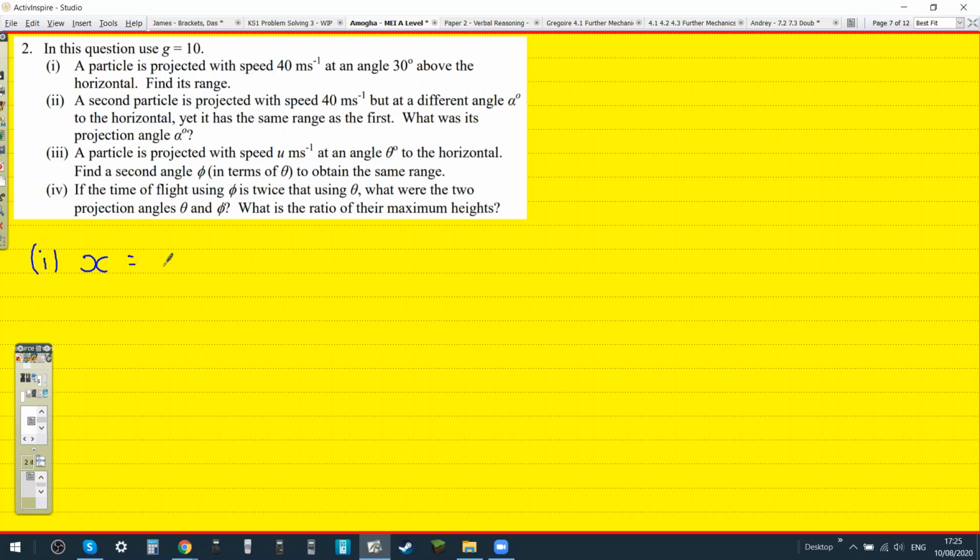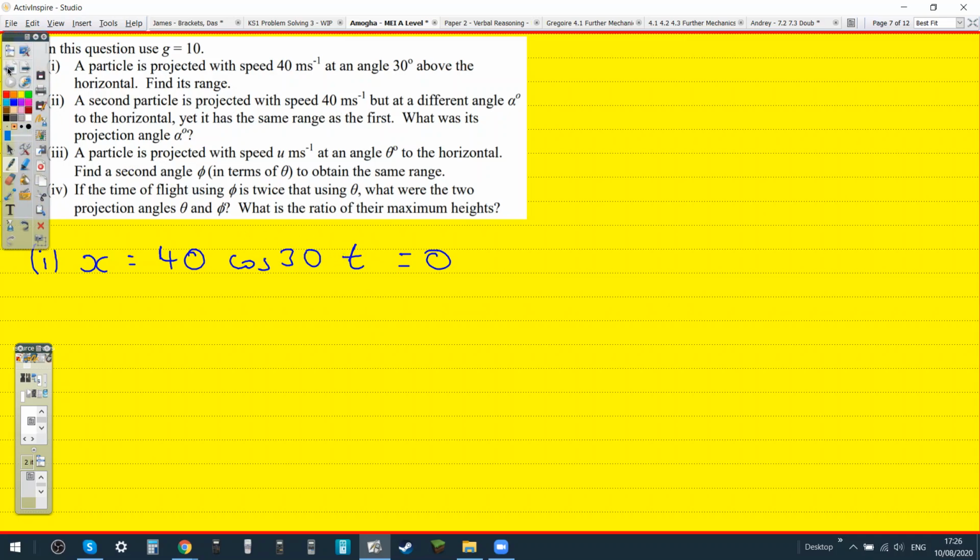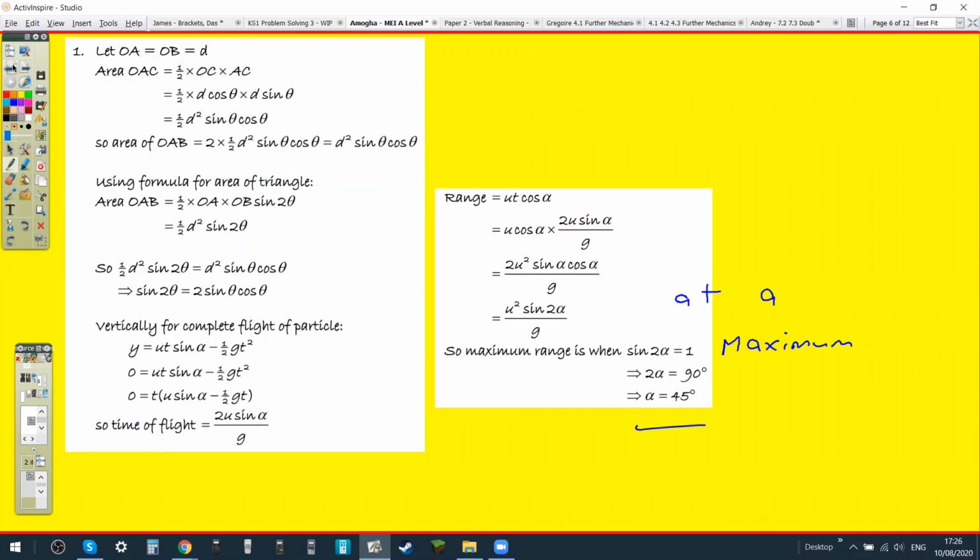Yeah. It's 40 cos 30 t. And then you have to find when 40 cos 30 t is equal to 0. I have no idea how to solve this. I literally forgot projectiles.